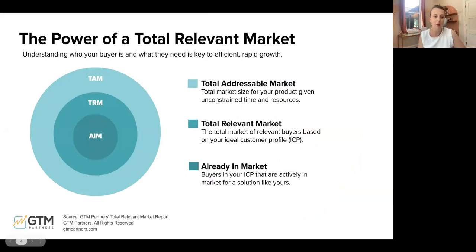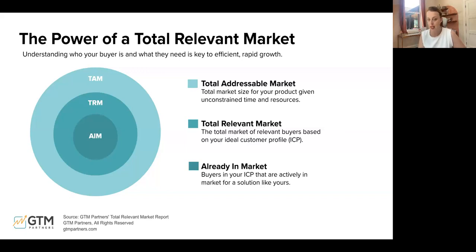When we look at what many companies have been going through over the past 8 months, as we've continued to deal with some of the economic uncertainty and what that's doing to the buying market, there's been a significant shift in the amount of money and the amount of resources we have to invest in identifying the right people to be speaking to about our products and getting those products sold through.